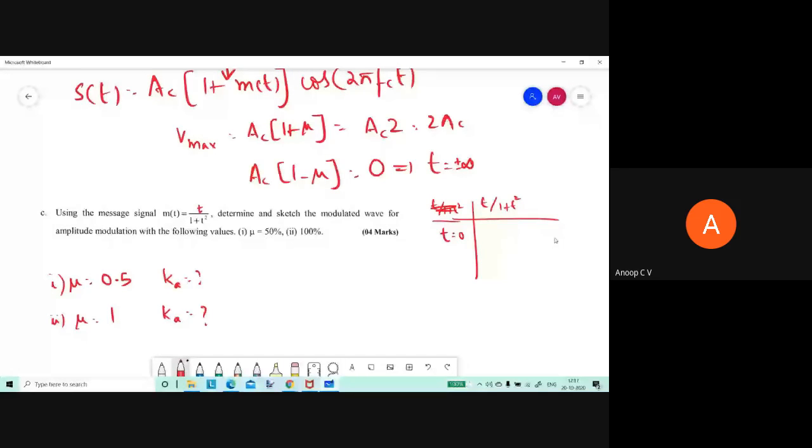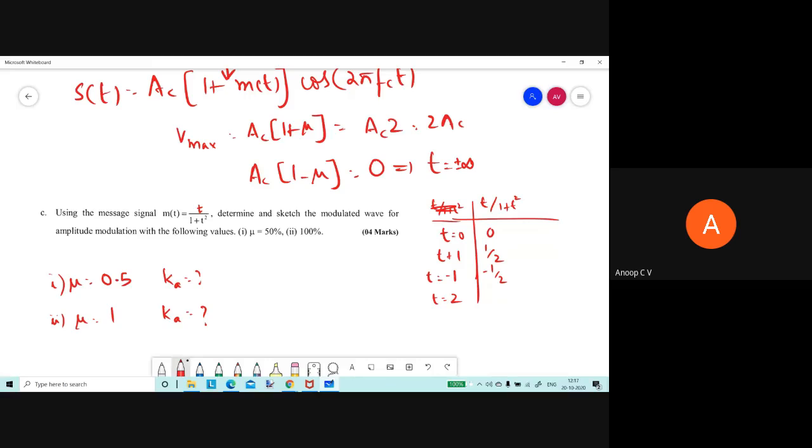It will be 0. So t equal to plus 1, it will be 1 by 2. t equal to minus 1, minus 1 by 2, right? Excellent.